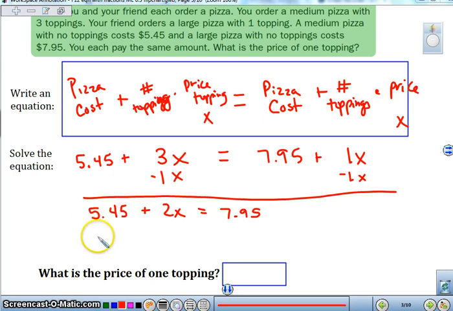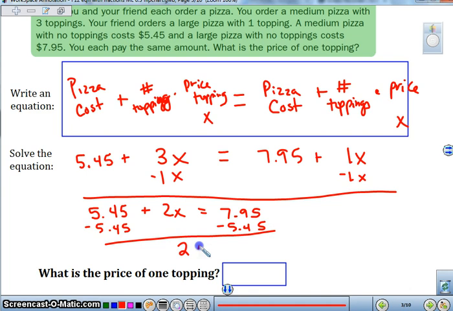You sure could. In this case, most of you would probably think of just subtracting 545 from both sides. And this again is not that hard of a problem. You put it in your calculator, making sure you put your right decimals in, and you end up with $2.50. So 2 toppings cost $2.50.